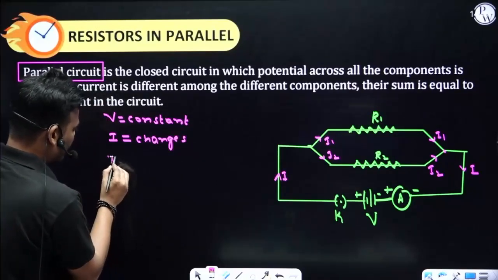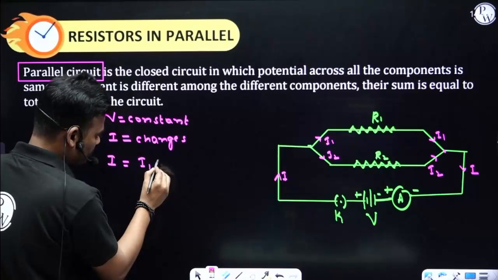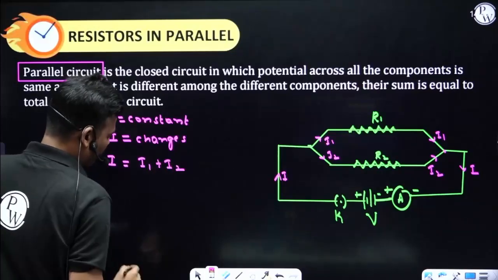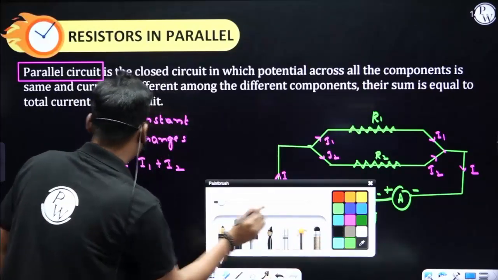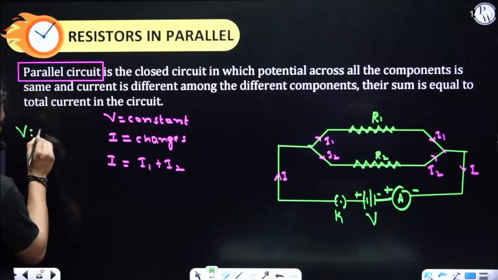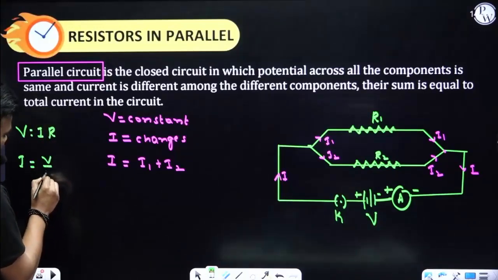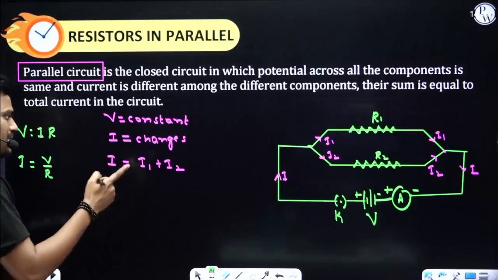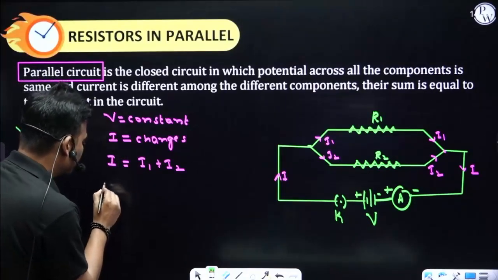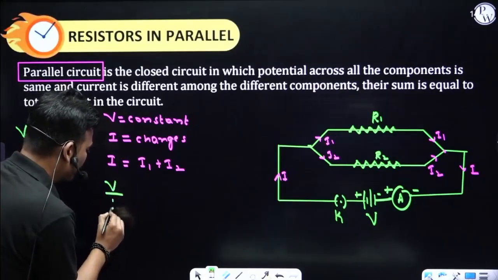So total current is divided into two parts, I1 plus I2, and from Ohm's law, V is equal to I into R. So in terms of I, we can write V divided by R. As it is the parallel combination, can I write it as V divided by R?